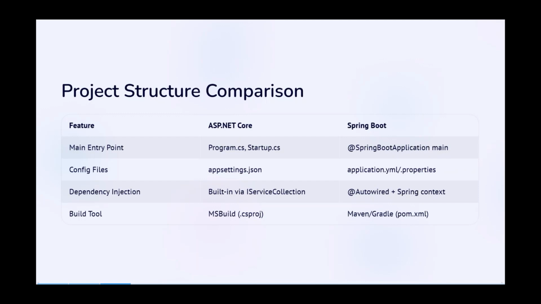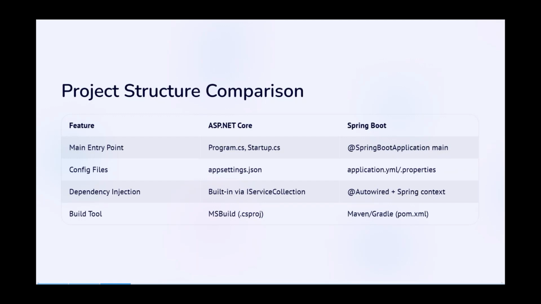Similarly, Spring Boot uses the SpringBootApplication annotation within the class which has the entry point, and its main method would be invoked as the main entry point. Configurations can be stored within the application.yaml or application.properties file, but I highly recommend you use the .yaml format because it's more structured than properties.